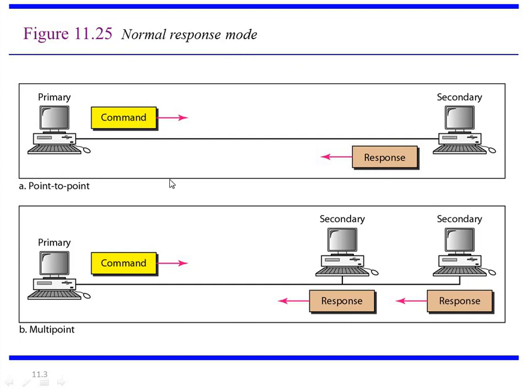If one-to-one communication is there, that is only one primary and one secondary, we call it point-to-point communication. And if one primary and multiple secondary stations are there, then we call it multi-point communication.